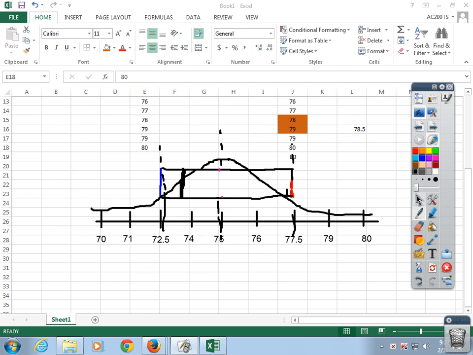Skewed left or skewed right? Skewed right, because all your information is over here. What about over here? Skewed left, because all your data is over here. So you've got to know what it means after you draw it.